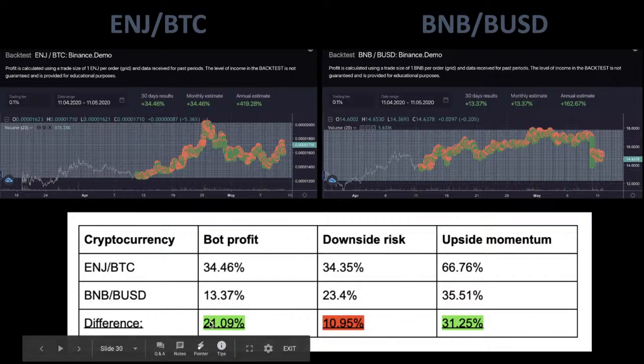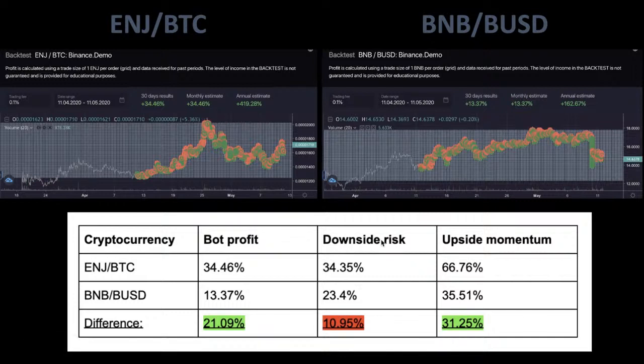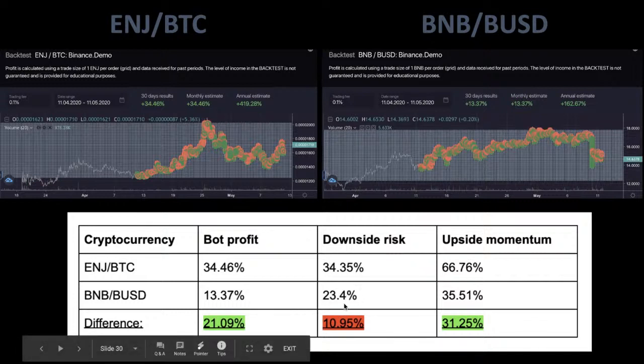So here is an obvious advantage of the NG, because the return is higher by 21%. However, the downside risk for NG is higher than the downside risk for BNB, and in this case it's higher by 10%.